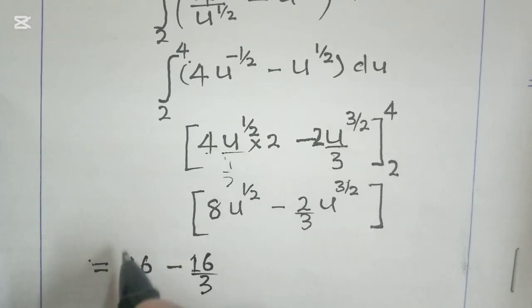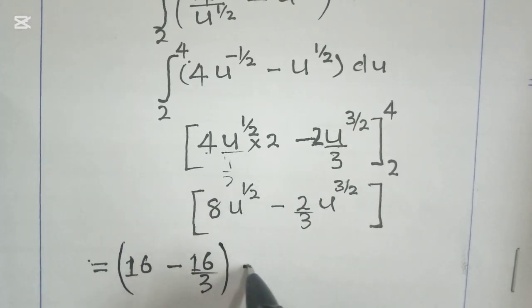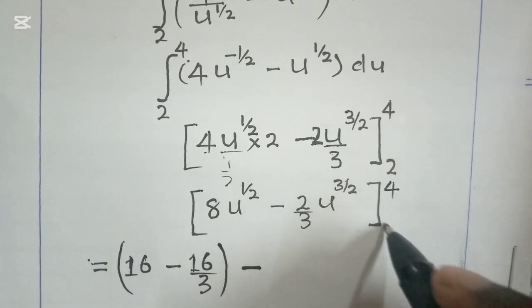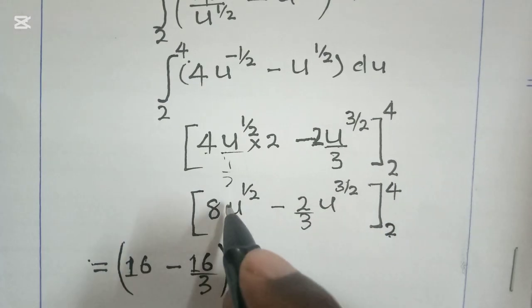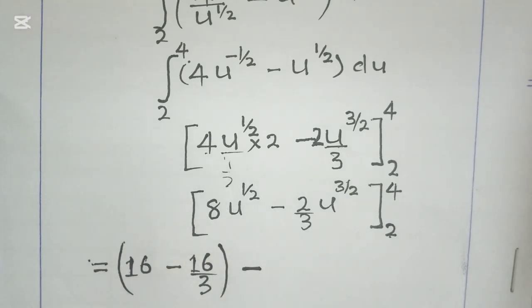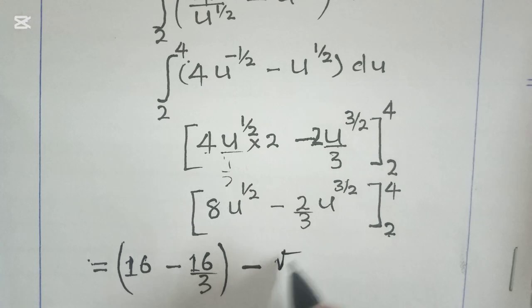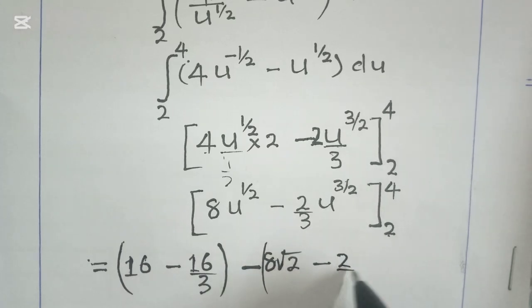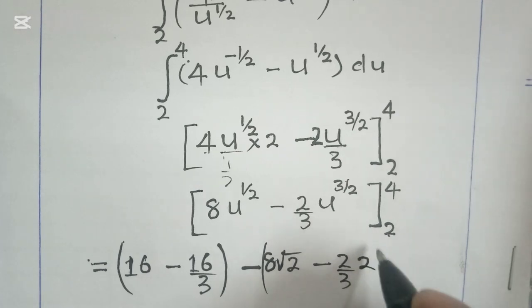So that is our first limit. This one now minus our lower limit, which is 2. So 8 times the square root of 2, minus 2 over 3 times 2 raised to 3 over 2.